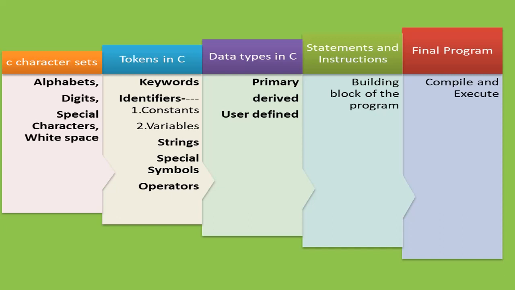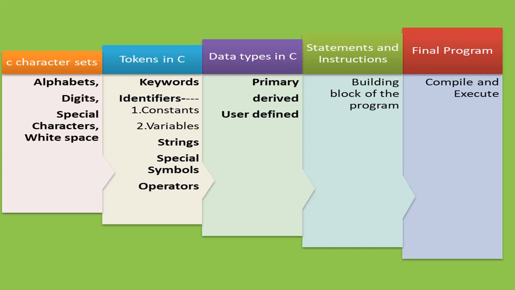Then what is keyword? Keyword is which have fixed meaning, whose meaning cannot be changed. That is, those are predefined in this language. Example, switch, if, else, char, long, float, int, break, etc. Next is identifier.